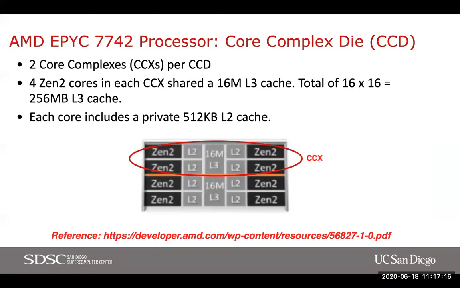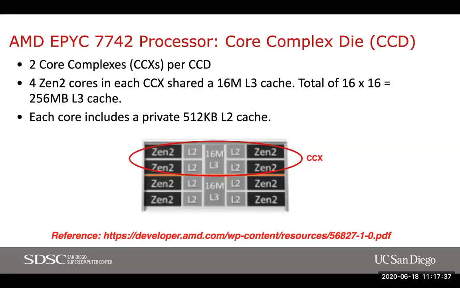Each of the core complex dies, as I mentioned, has 8 cores. That's split into 2 core complexes, CCXs, per CCD. There are 4 Zen 2 cores on each CCX, and they share a 16 meg L3 cache.